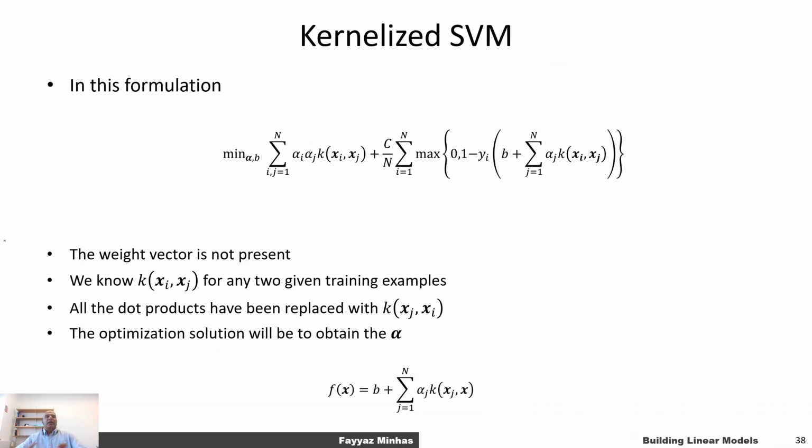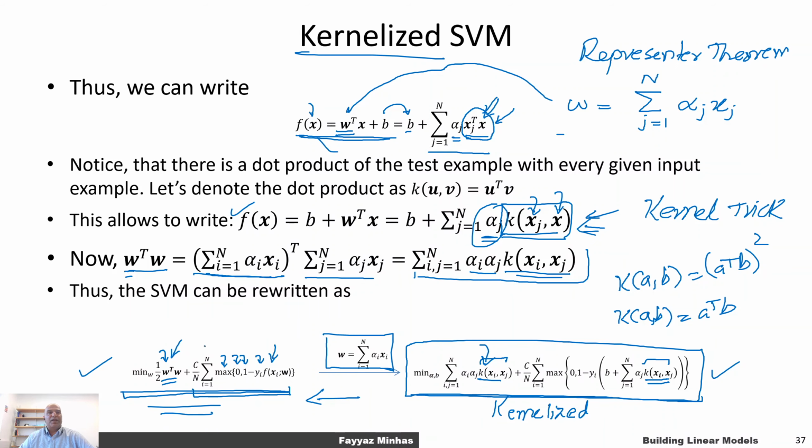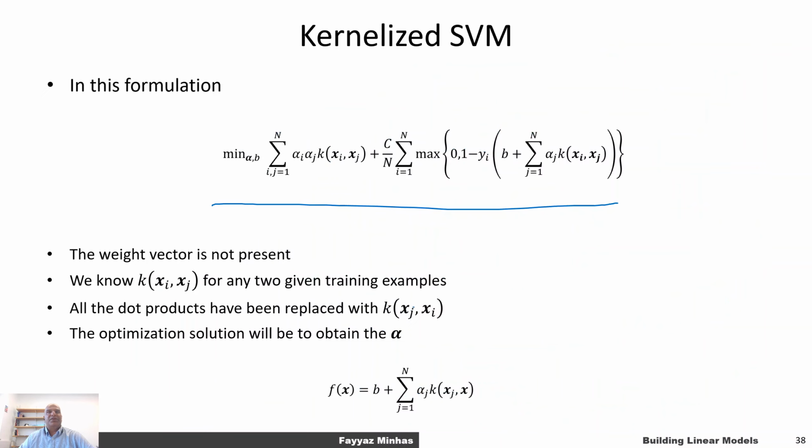Okay. So in this formulation, if you take a look over here, there are some really interesting things to note, and they come as a consequence of this Representer Theorem. The first thing is there is no mention of any w here. You cannot see any w. The weight vector is not present in this kernelized SVM formulation.